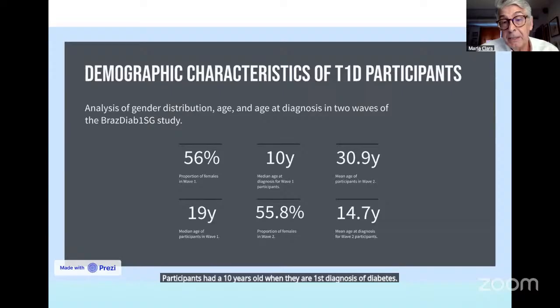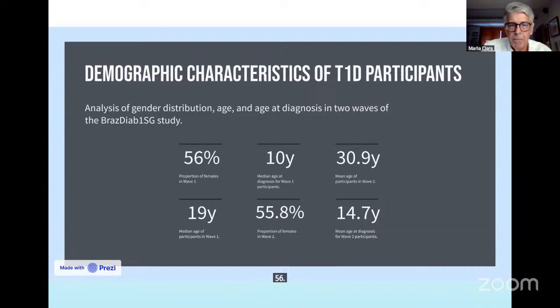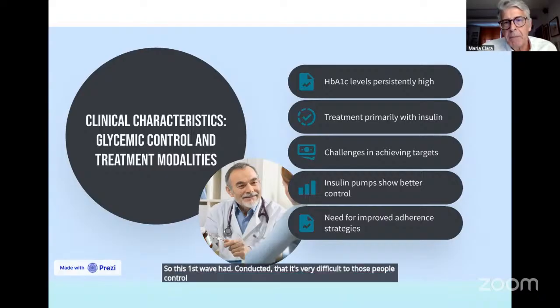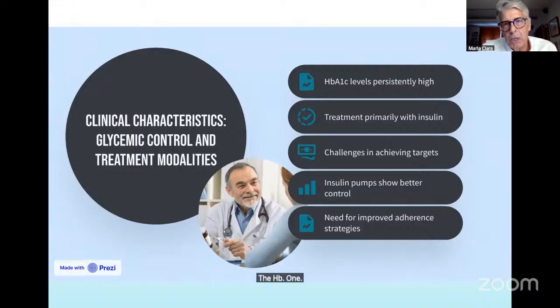They were already 31 years old, and there are more women than men. In the first wave, 56, and the second wave, about 56 again. This first wave showed that it's very difficult for those people to control their glycemic levels. So their HbA1c is persistently high.